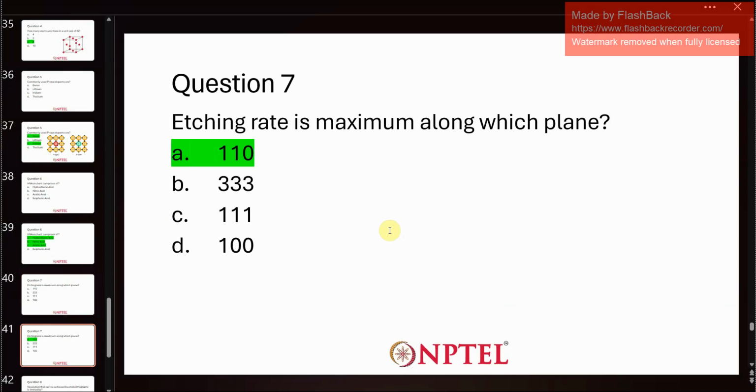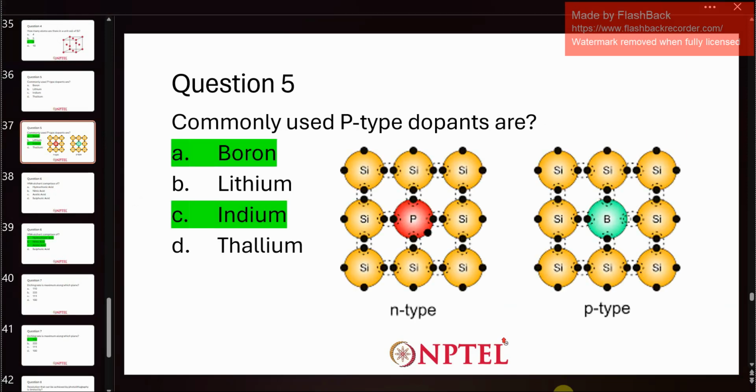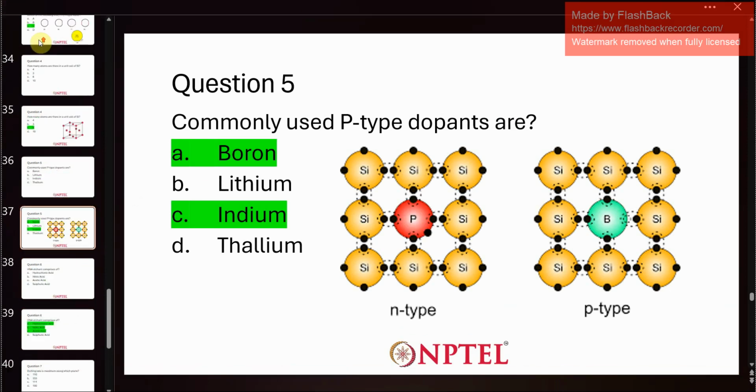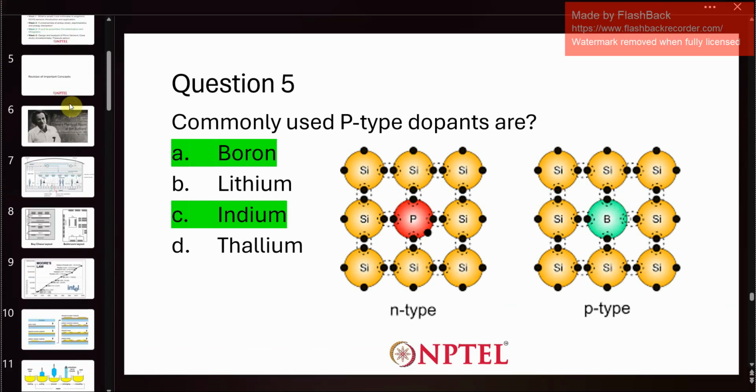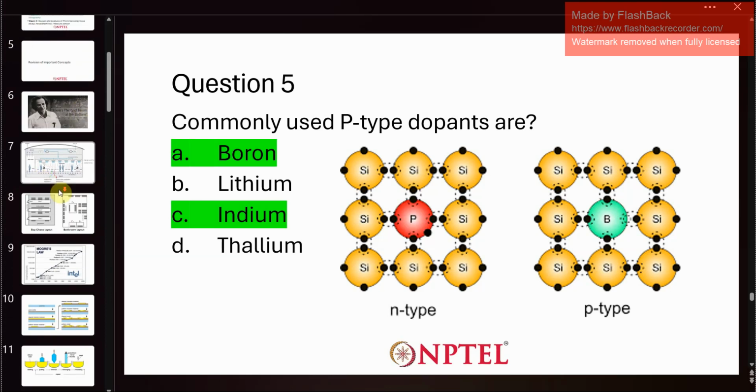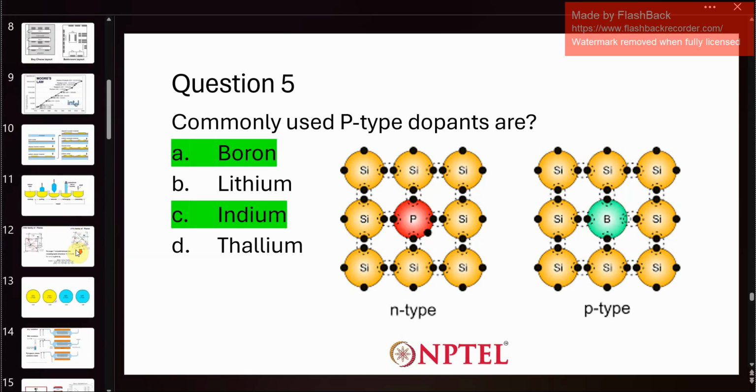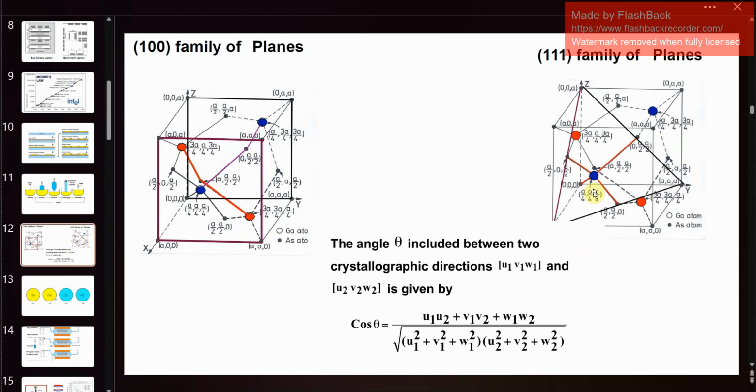In the 111 plane, I'll show you in the earlier slides. If you see the 110 planes, the atoms are very far away from each other.